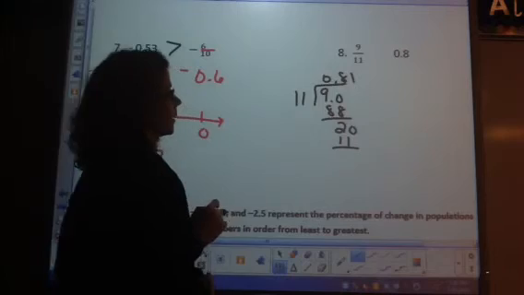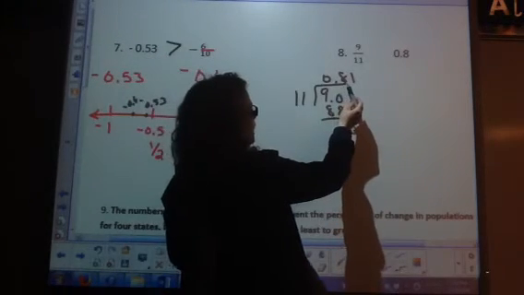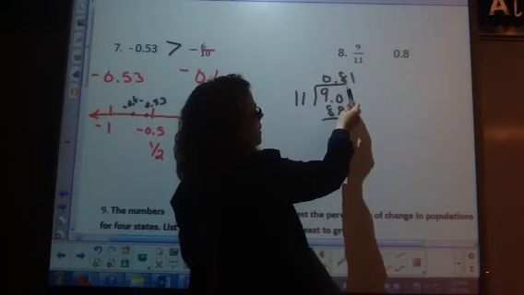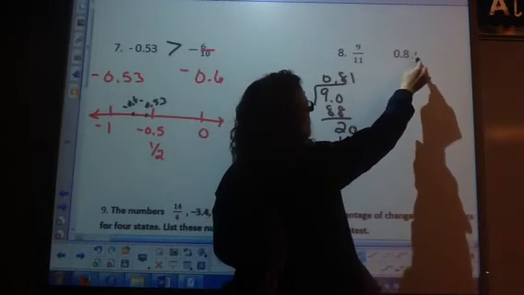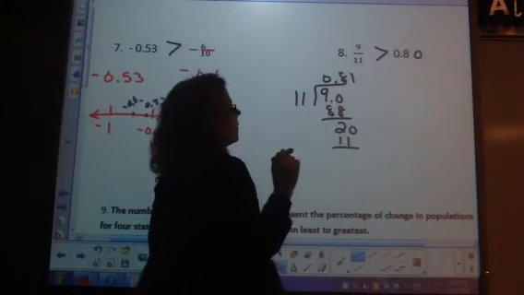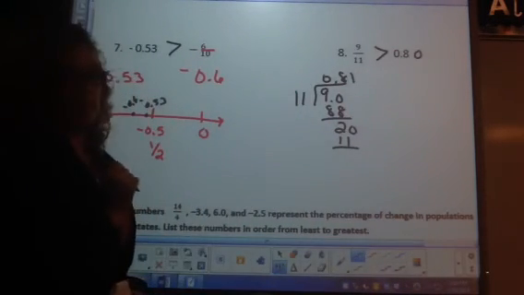Okay, I can stop there because 9/11 is 0.81, and then I have 8/10. Well, if you think money, 81 cents is greater than 80 cents because I can put a 0 there to represent money. Therefore, 9/11 is greater than 8/10.